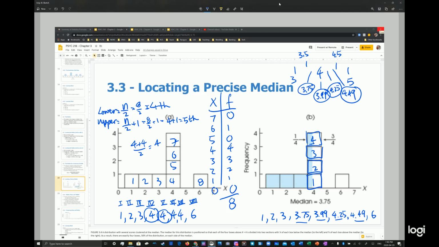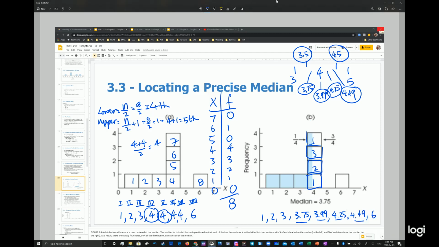So to find the fraction in that interval, and we're talking about this interval right here, the 4, which is between 3.5 and 4.5, so the interval itself is 1. But we want to find the fraction in that interval that is the middle. And so it's going to be somewhere between 3.5 and 4.5.